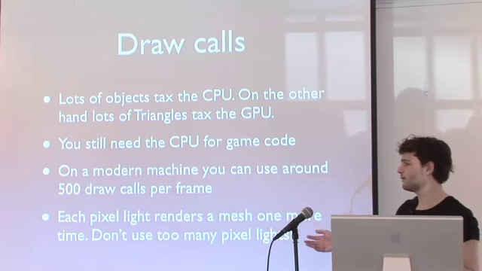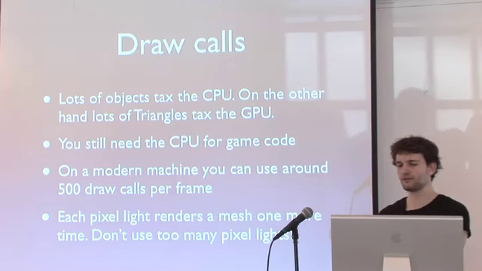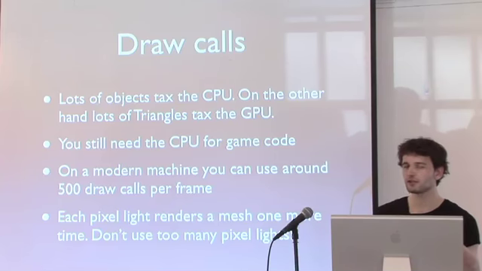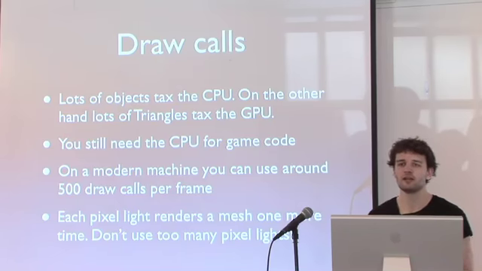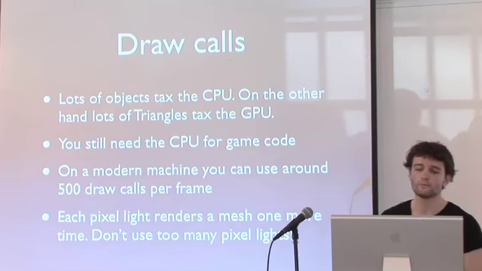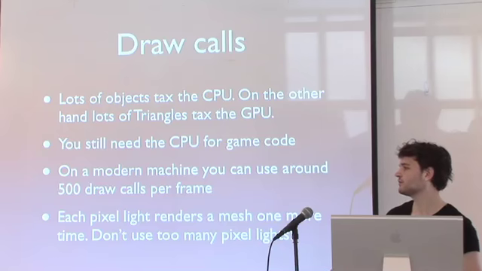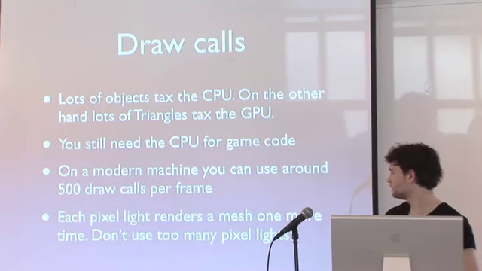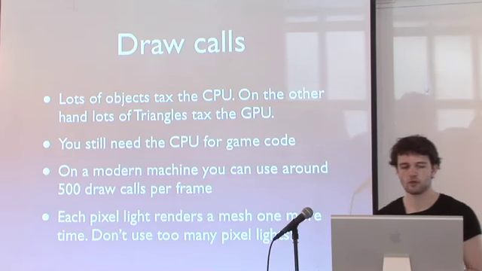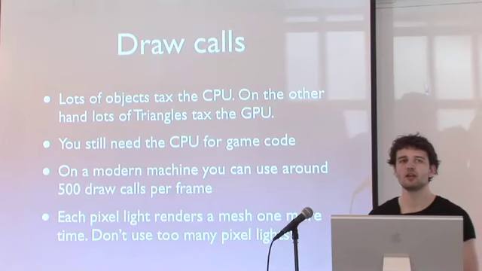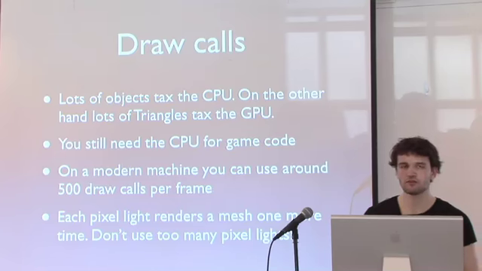Now, of course, you can have a lot of lights in your scene, and different lights affect different meshes. So you usually end up having like 2 pixel lights per object. But still, it's just important to know if you have 2 pixel lights per object, you're rendering the object 3 times. Same thing with if you have multiple materials per mesh, each material adds one more draw call. So draw calls, they easily add up.